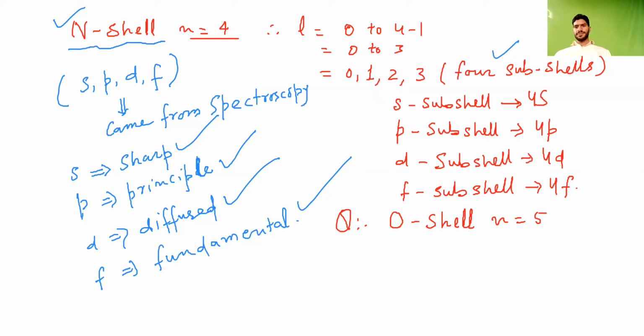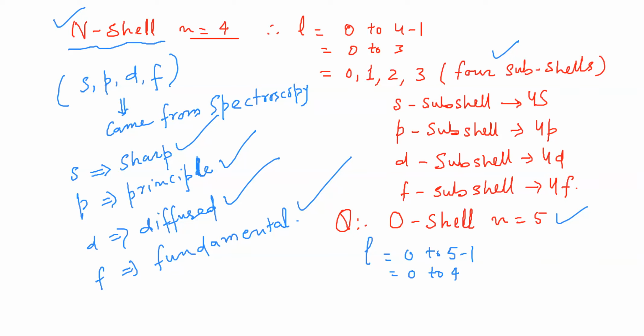Shweta, can you tell me the number of subshells here? For n equal to 5, you have to tell me what the l value will be. It will be 0 to n minus 1, so that is 0 to 5 minus 1, which is 0 to 4.